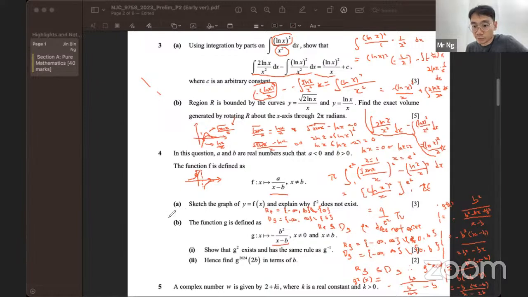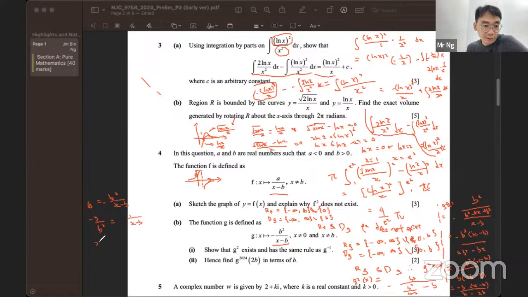Okay, so now let's find G inverse, which looks weird to me. Okay, y equals to b square over x minus b negative. So negative y over b square equals to 1 over x minus b.